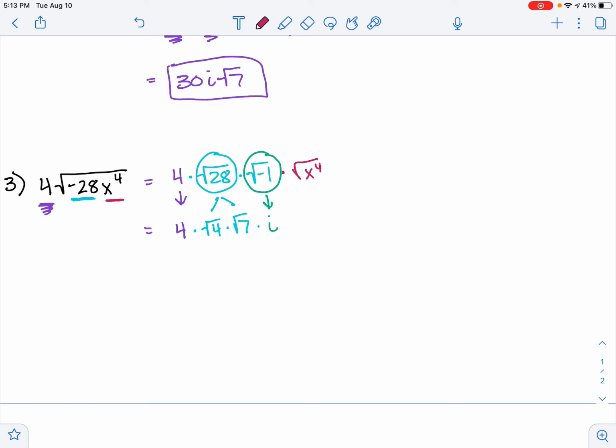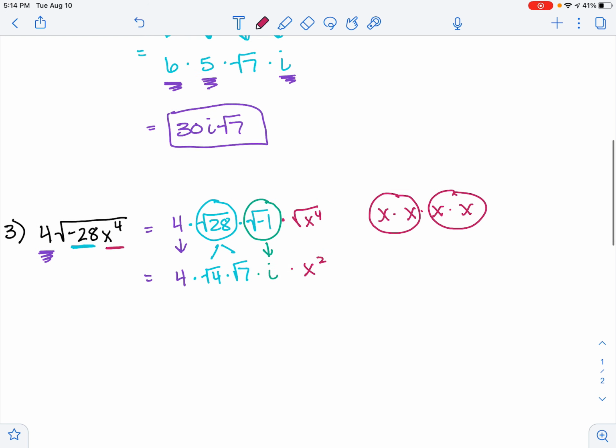And then I have the square root of x to the 4th. X to the 4th means that I am multiplying 4 x's together. We're looking for pairs of x's to be able to leave the square root symbol. Here I have 2 x's. X times x is x squared. I do not have any x's left over, so I don't have any x's inside the square root symbol.